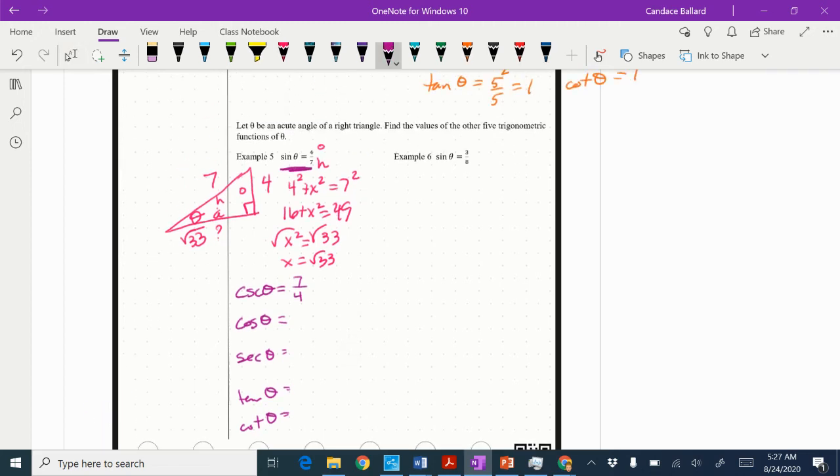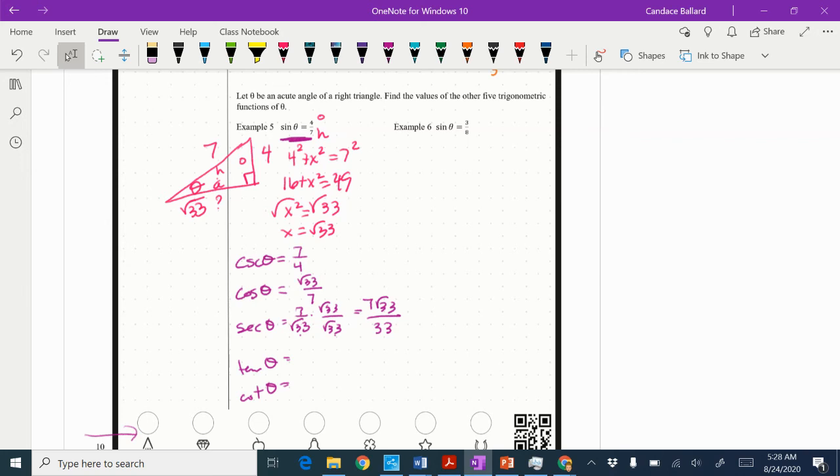All right. So the cosine is the adjacent, the square root of 33 over the hypotenuse, which is 7. And then I'm going to flip this, which means that I am going to have to rationalize it to get the right answer in WebAssign. So 7 square root of 33 over square root of 33 times square root of 33, which is 33.